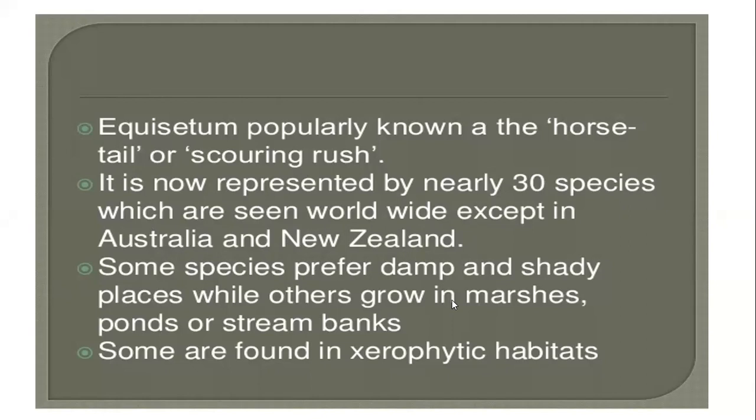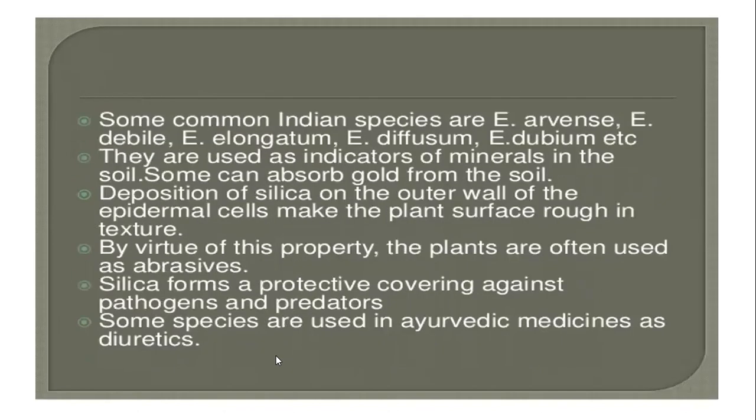They prefer damp and shady places, and the majority of them grow in marshes, ponds, or streams. Most importantly, they are also found in xerophytic habitats. Some common Indian species include Equisetum arvense, Equisetum debile, Equisetum elongatum, Equisetum diffusum, Equisetum dubium, etc.